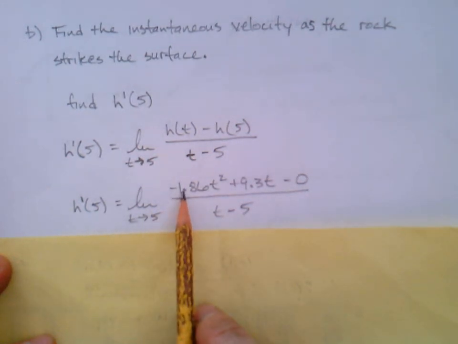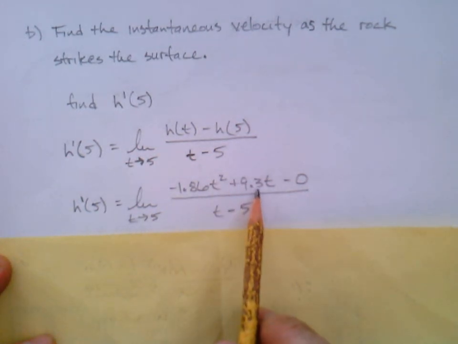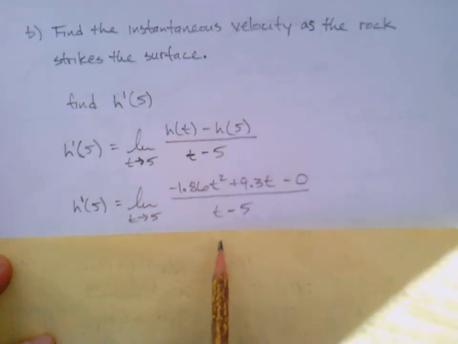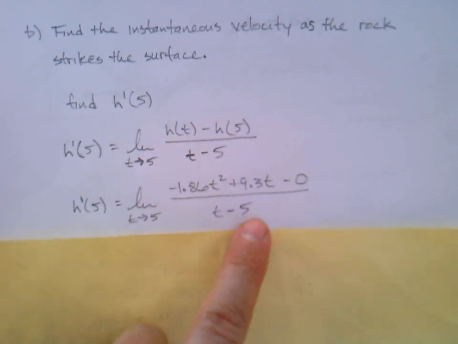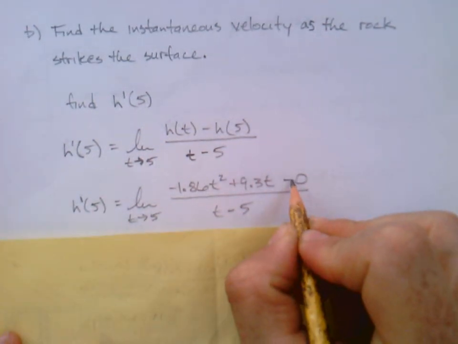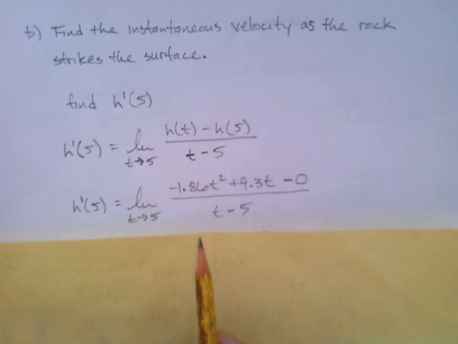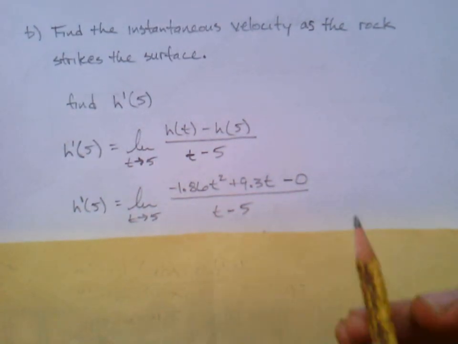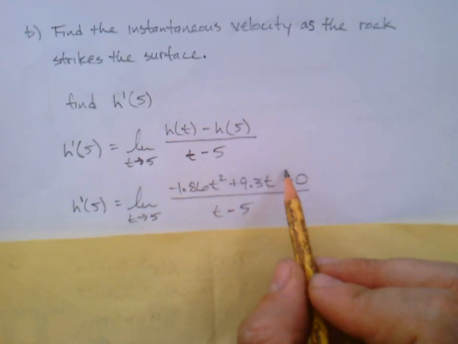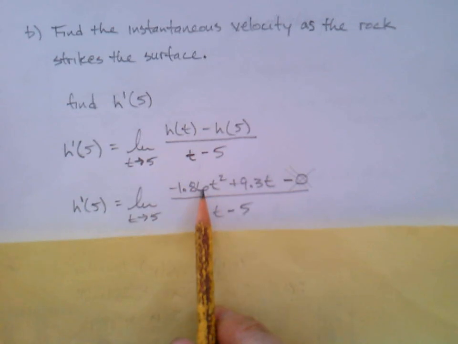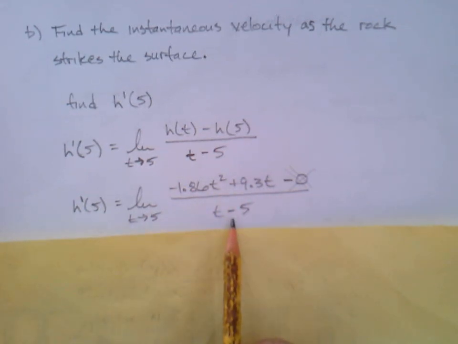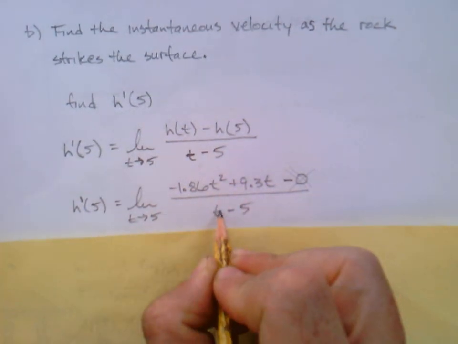Our function was negative 1.86 t squared plus 9.3 t. And h of 5, of course, was 0 because that's the time when it hits the ground. Okay, so I'm going to ignore that 0, right? Because that would disappear. So from what's left, we need to factor to cancel out a t minus 5.